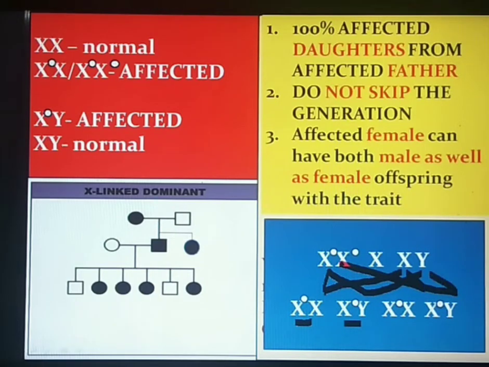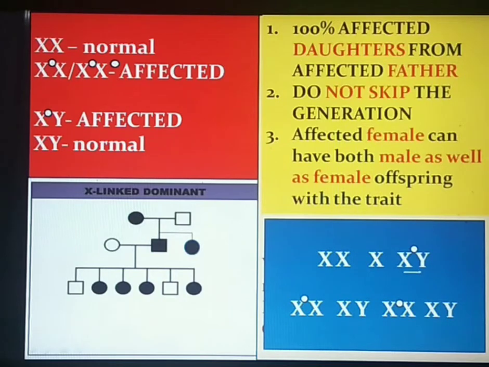Right? So here we can easily make out how all the females get affected because of the male parent. If you see here, the male is having the defect on the X chromosome and this is the dominant one.